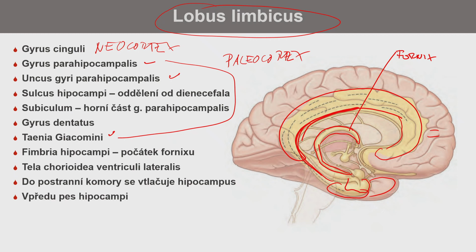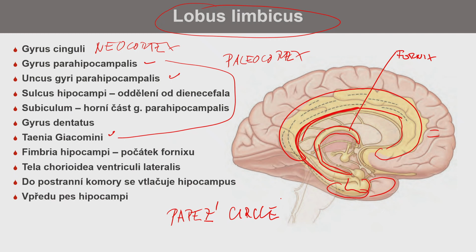We know that all parts of the limbic system, including the diencephalon and including the telencephalic part, are covered in the so-called Papez circle.